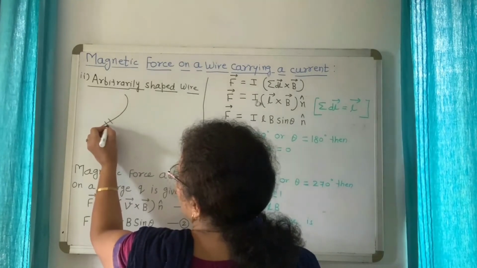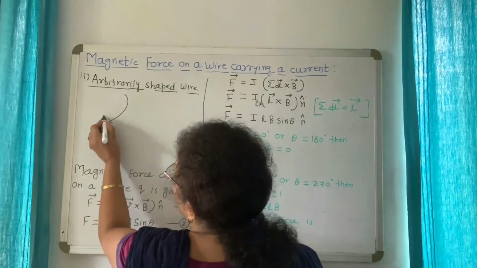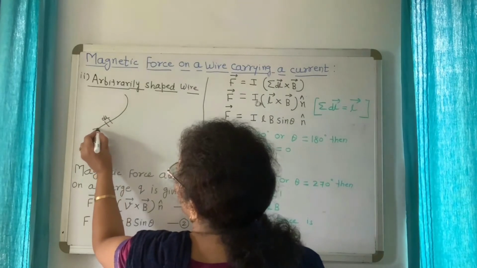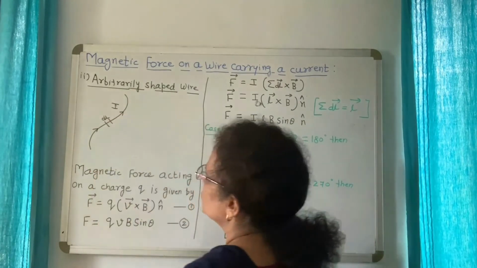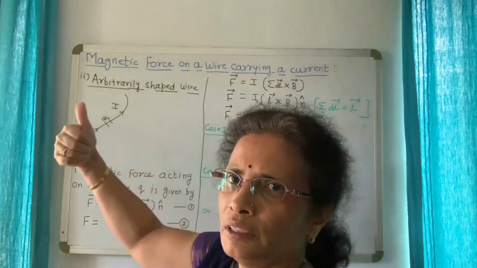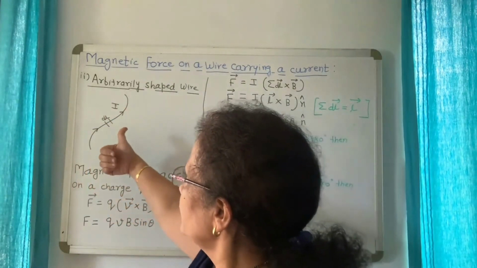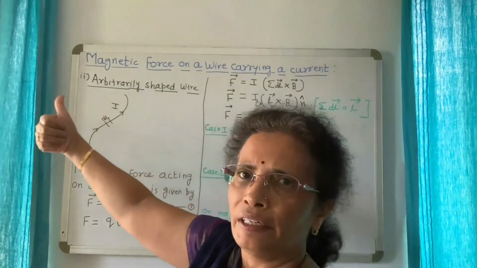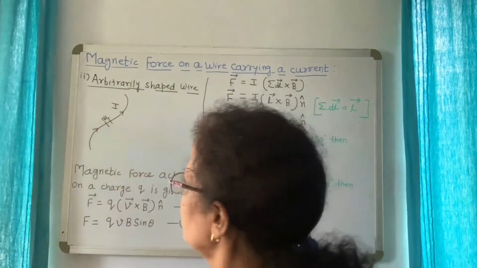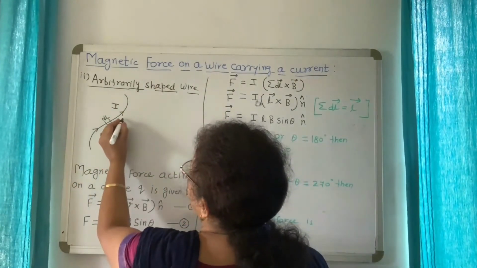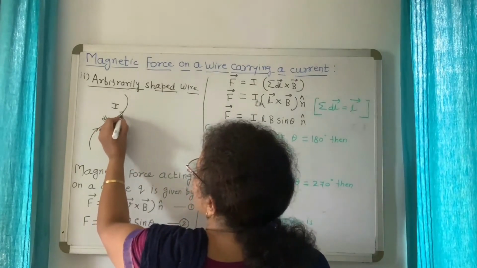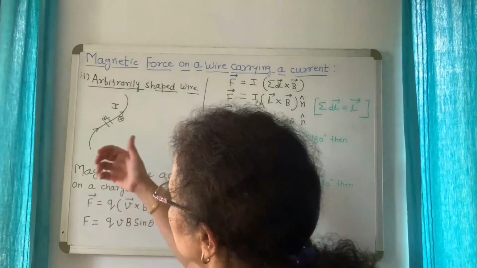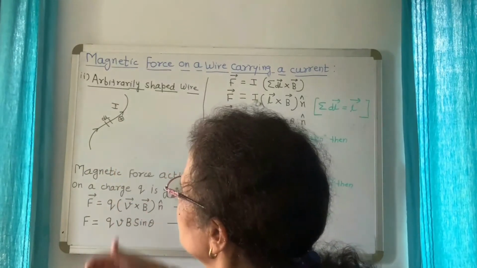It is a small length element dl. Current is flowing in this direction. This is the direction of the current I. So using the right hand thumb rule, if this is the direction of the current, then the magnetic field is inward. So the force will act in which direction?